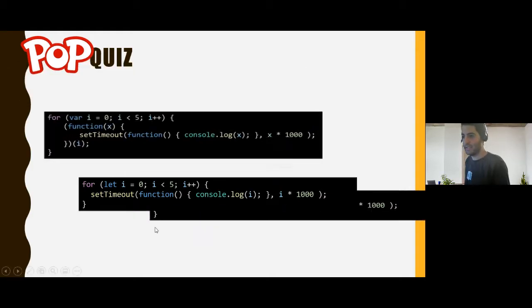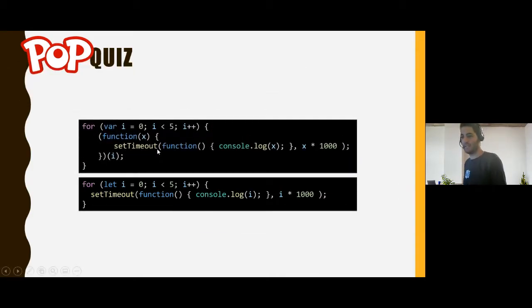And here is how we would make it work with var. We would have this function as an IIFE, which gets I as a parameter.